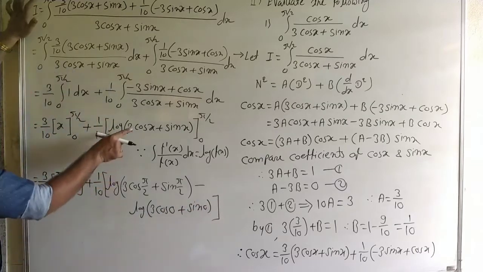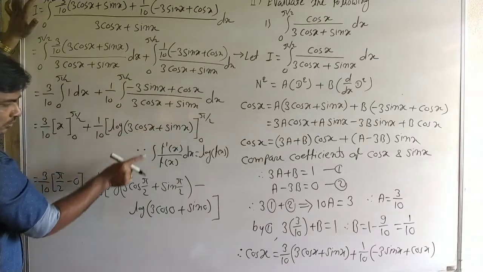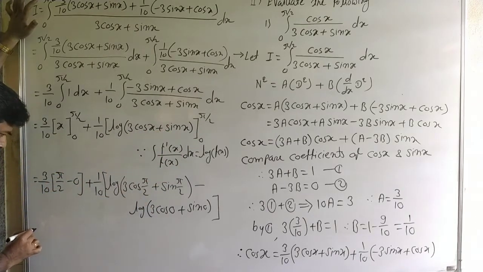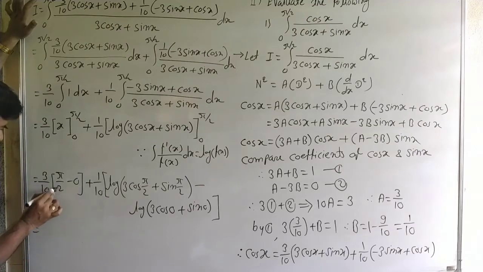Here first we take the pi by 2 upper limit and then minus the lower limit. Now they calculate. Here it is pi by 2 only, therefore it is 3 pi by 20.